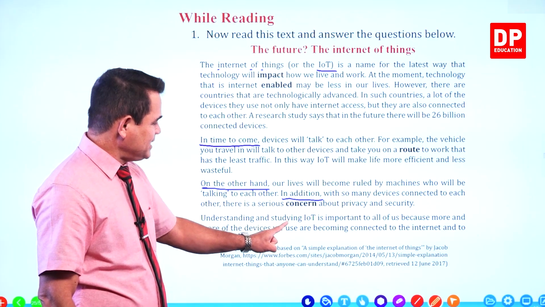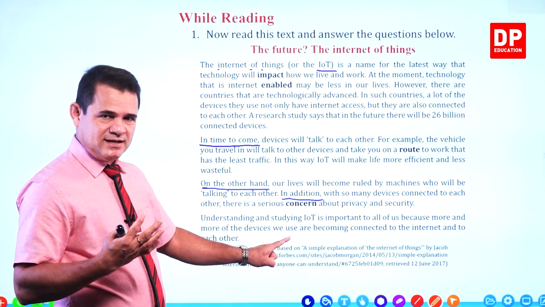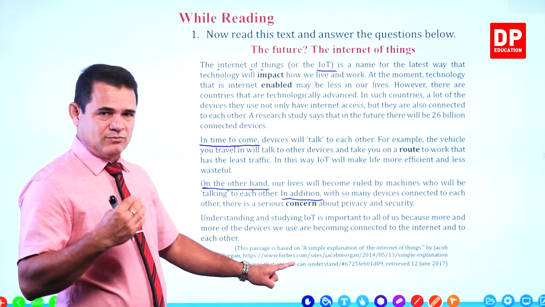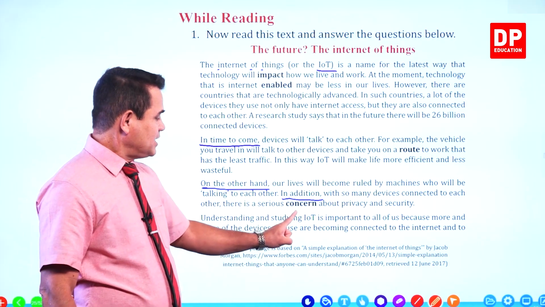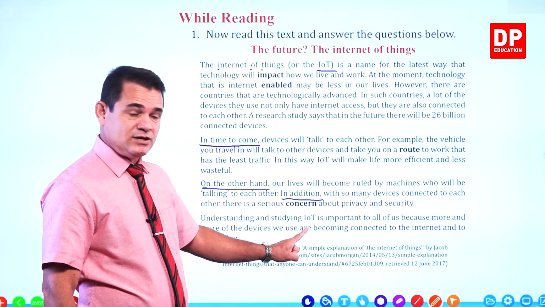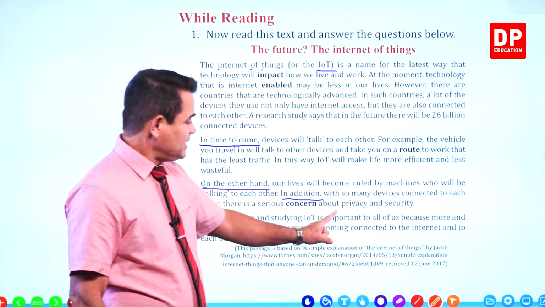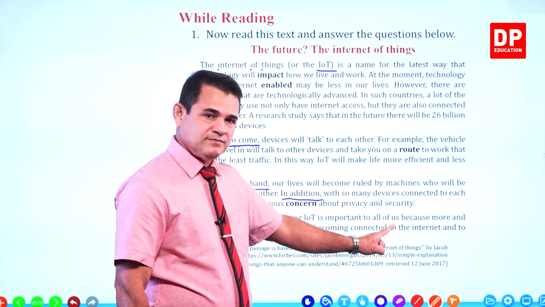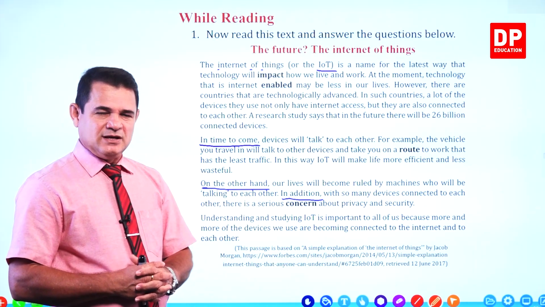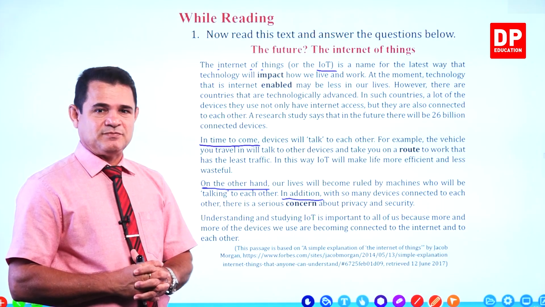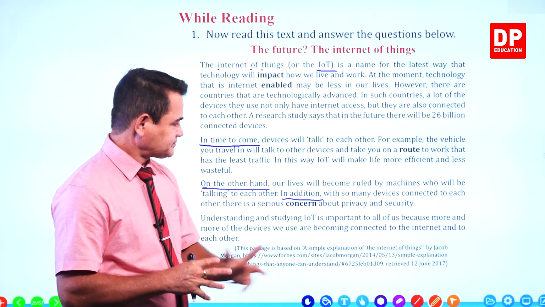Understanding and studying. අවබෝධය තේරුම් ගැනීම සහ අධ්‍යයනය කිරීම IoT, that means Internet of Things, is important to all of us. මේ ගැන අධ්‍යයනය කිරීම it is very important to all of us. අපි හැමෝටම වැදගත්.